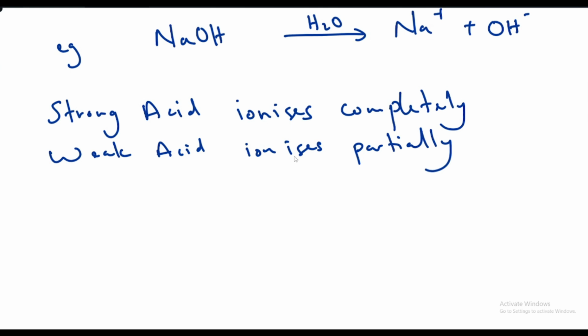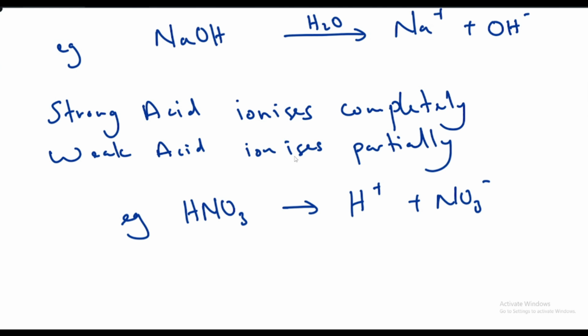Well, if we look at a classic example of a strong acid, which would be nitric acid, HNO3. When we say that this ionizes completely, it means every HNO3 molecule will break down into H plus and NO3 minus. It ionizes, breaks down into its ions completely. Every single HNO3 molecule. Whereas a weak acid, only some of that acid will break down into its ions.